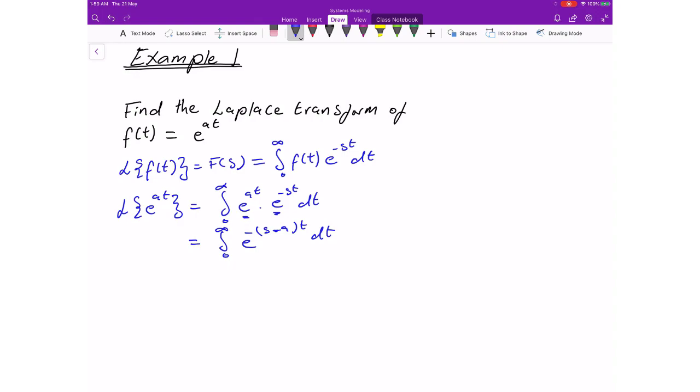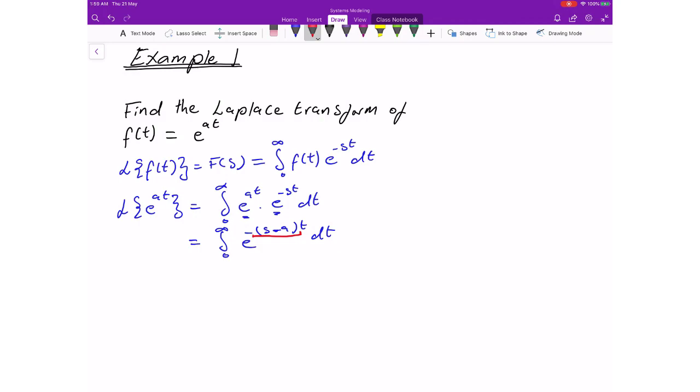Then from here, we need to use our calculus knowledge by noting that this part here is just a constant. You can view it as a constant apart from the t, because we are integrating with respect to t.